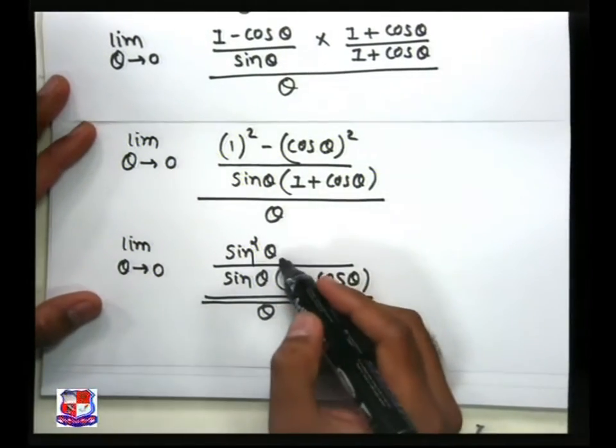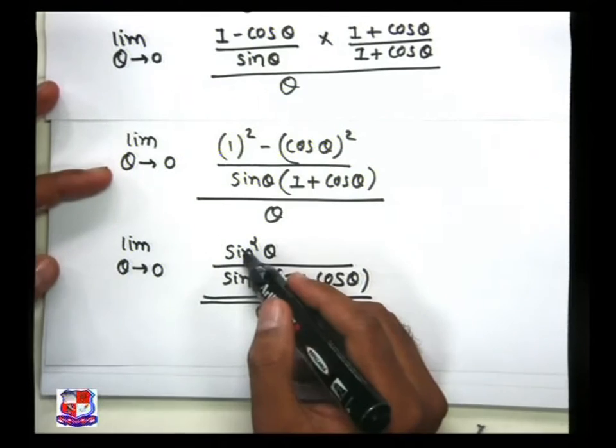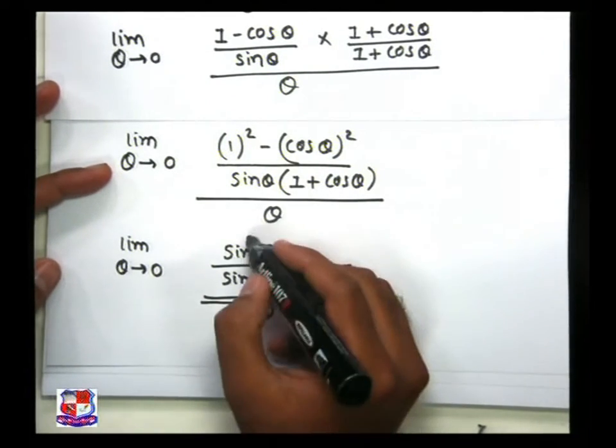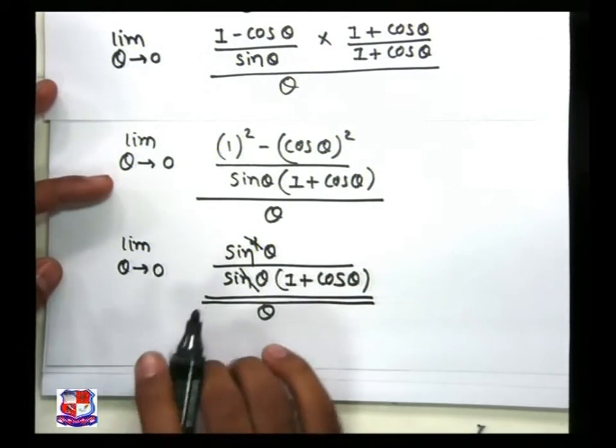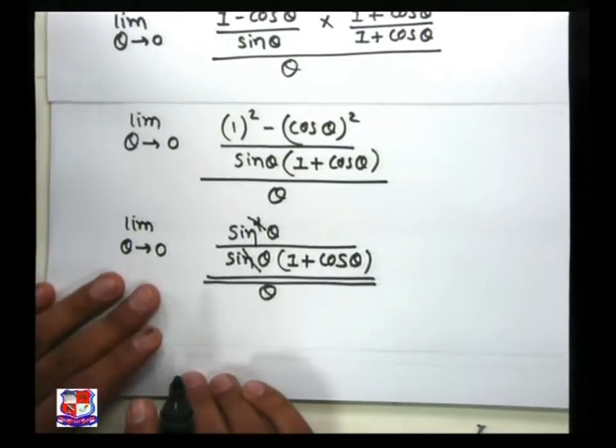Now we simplify our numerator value, because over here sin square theta and here sin theta, so one sin and one sin cancel out.